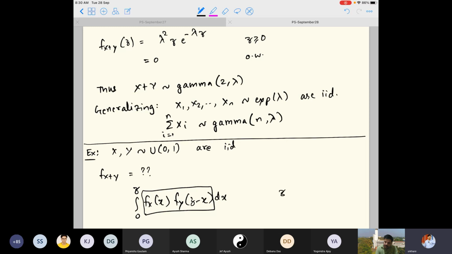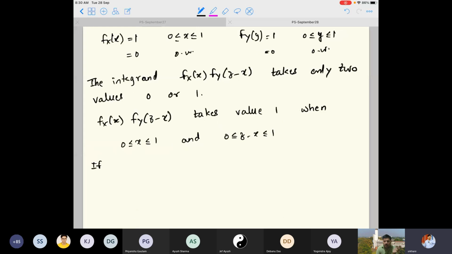So I am starting with z greater than or equal to 0, and I'll divide the range of z into parts: 0 to 1, 1 to 2, and greater than 2.